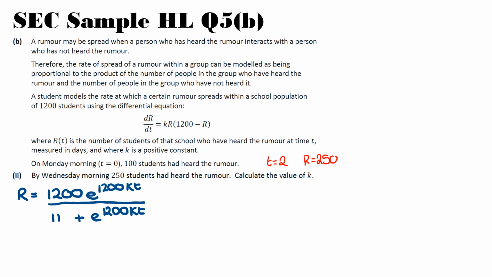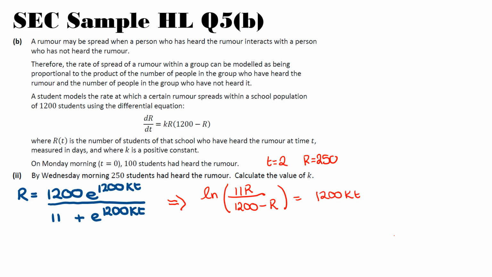However, if you want to save some time, and this exam can be very time consuming, it is nice to go back to the previous part and look for a time when k was not isolated, but it's only in a single term. So actually, if I go back to our previous part, we had a line that was ln of 11R over 1200 minus R is equal to 1200kt.